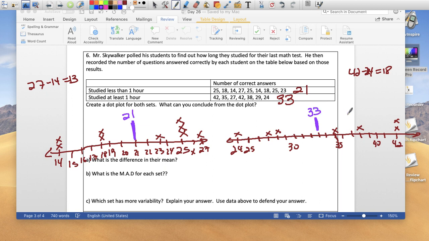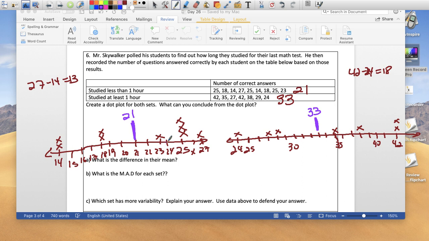Curious to know who had the higher MAD, unless I did this really wrong. Just by looking at it, I think the higher MAD would be here. They're more spread out. Doesn't mean they're worse. It just means that because they studied more, they were able to get grades that are more to the right.